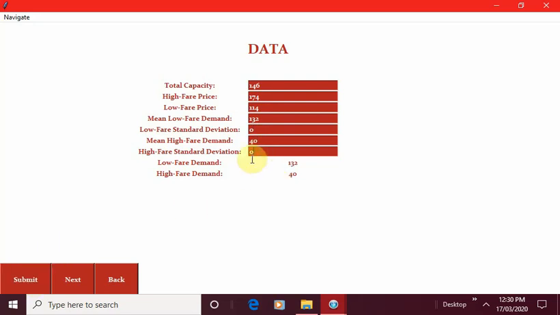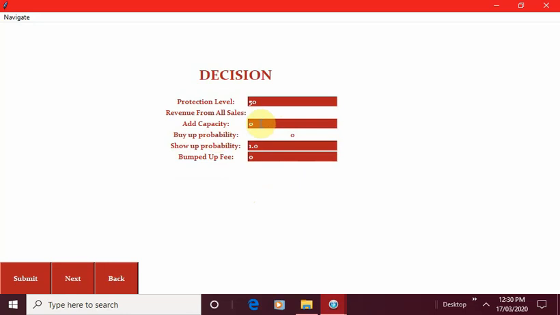Here you can see on 1st of April we got this particular 132. We've got the same numbers. Here we do not have the standard deviation data. We just knew about the total demand as such for high fare and low fare. So this is what it is. Let's click next and keep the same, we'll add the capacity again.